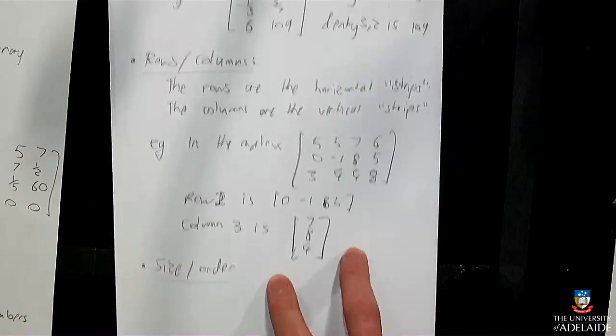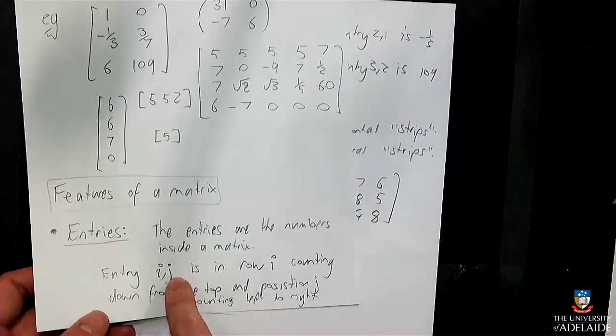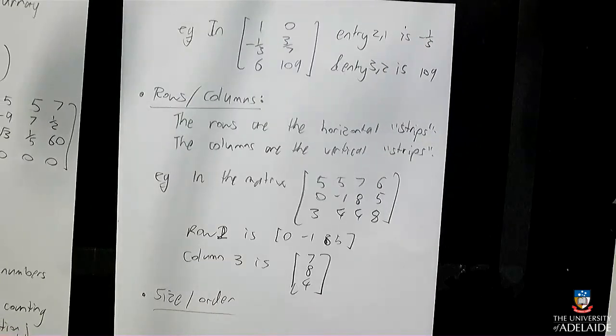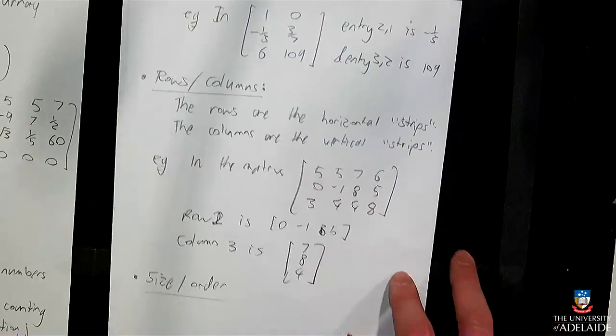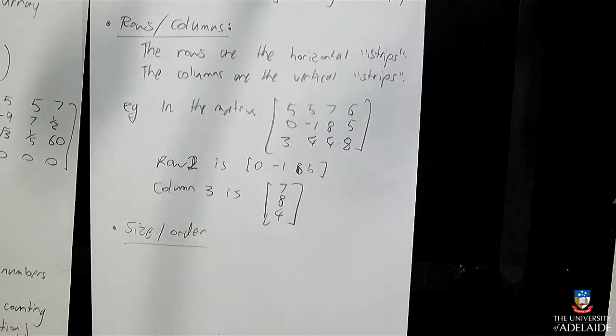Sure, we might be able to talk about the individual entries and pick out exactly which one we want. And sure, we might be able to pick out the columns and the rows. Well, overall, you might want to describe how many rows and how many columns there are.